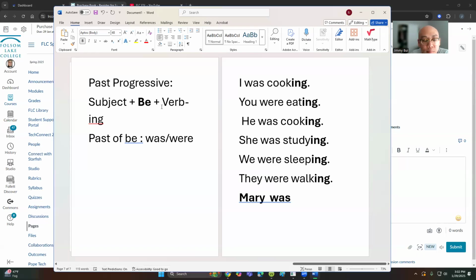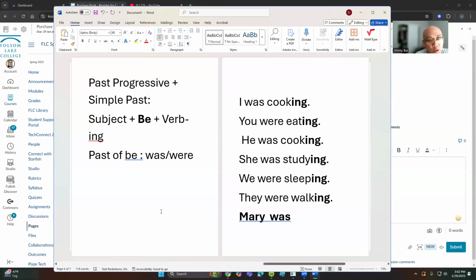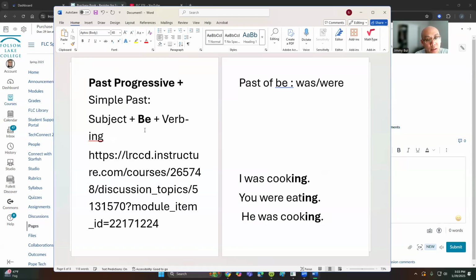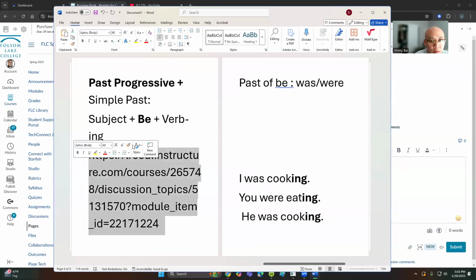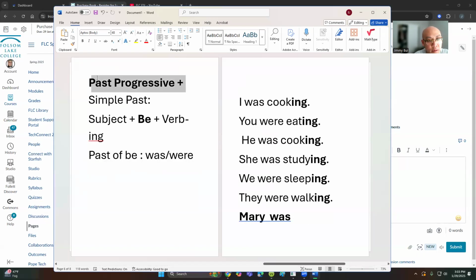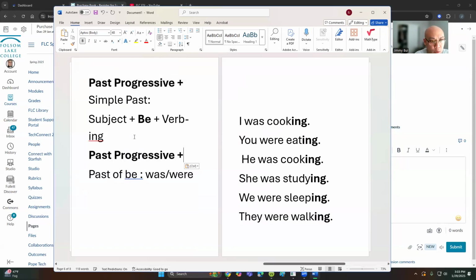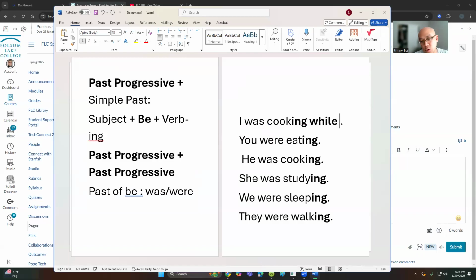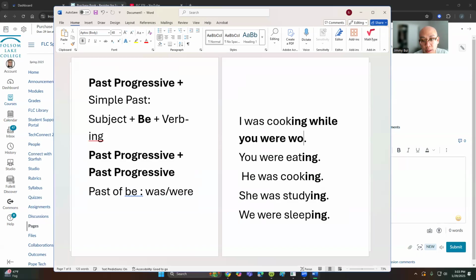Okay, so in this case, past progressive plus simple past, or past progressive plus past progressive. So I was cooking, and then you'll see words like while. I was cooking while you were working. So these two actions are happening at the same time in the past.